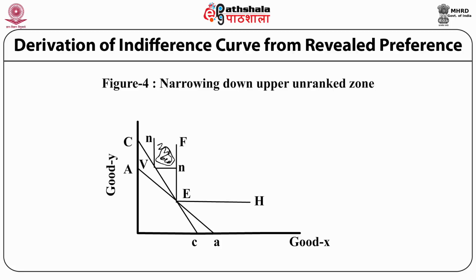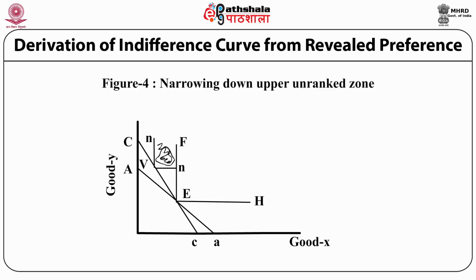Through the rationality assumption, we can show that the shaded area MVN would be preferred to point V because at any point in that area there is at least more quantity of one commodity, or maybe two commodities.